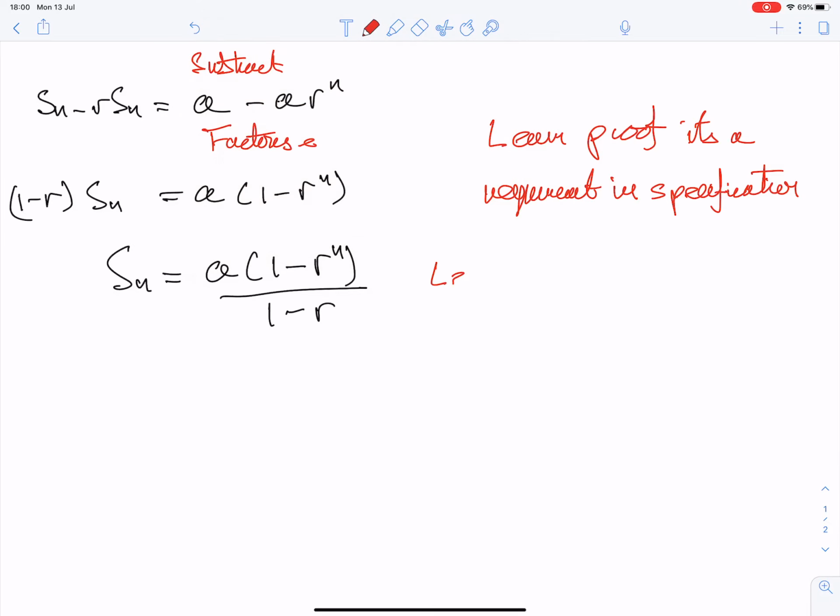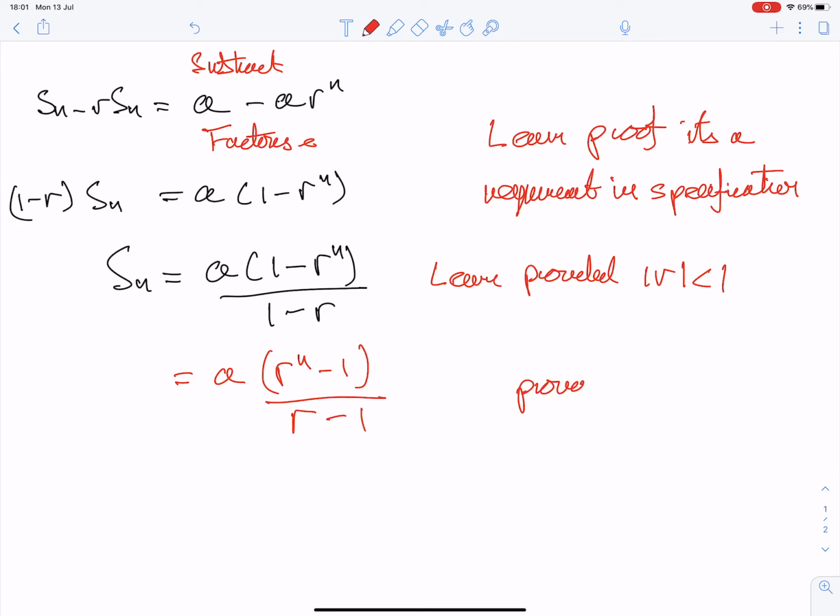If the modulus of r is greater than 1, we often write it as a lots of r to the n minus 1 over r minus 1, which we use when the modulus of r is greater than 1.